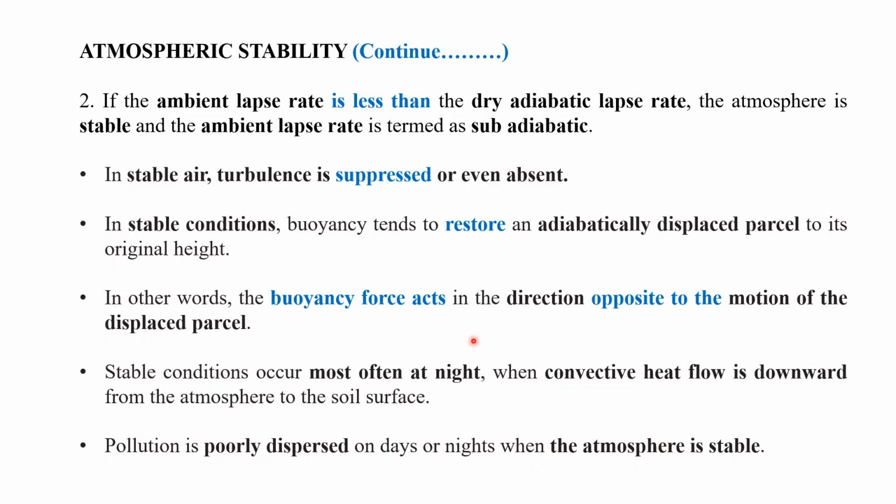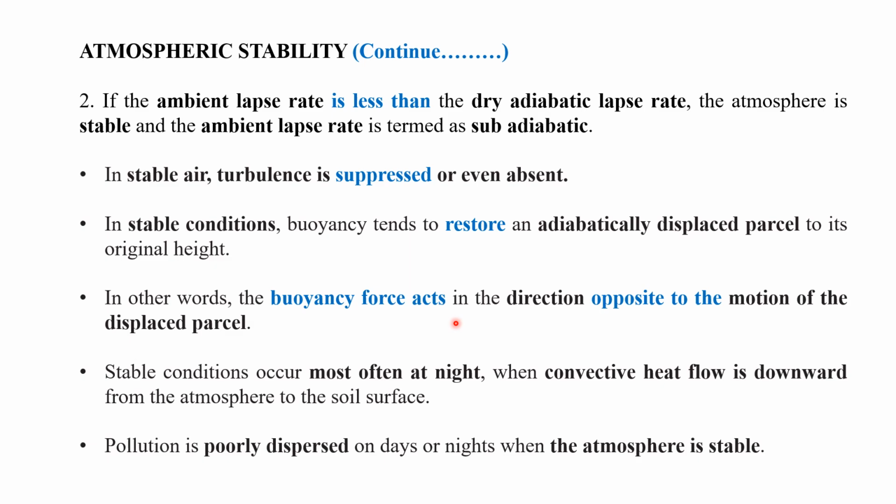The atmosphere remains stable normally at night, especially in the winter season. The earth becomes cool, right? Just adjacent to the ground surface the air is cool, but above that the air is warm.